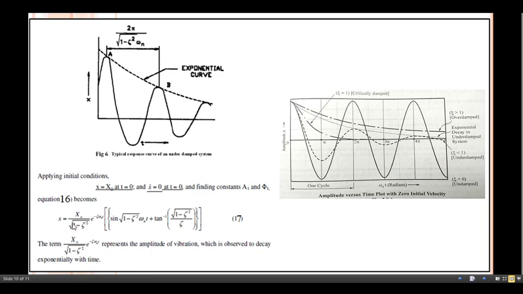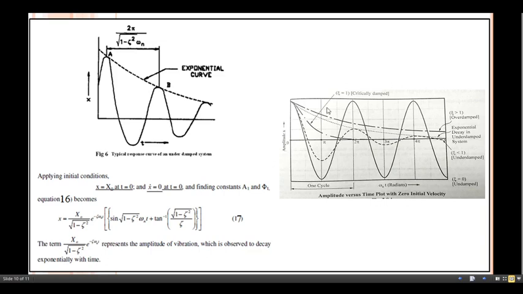So the complete solution x can be obtained like this: x equals x naught divided by square root of 1 minus zeta square into e raised to minus zeta omega nt into bracket sine of square root of 1 minus zeta square into omega nt plus tan inverse of square root of 1 minus zeta square divided by zeta. In this equation, the first term represents the amplitude of vibration, which is observed to decay exponentially with time.